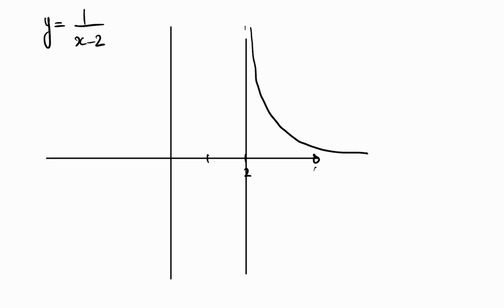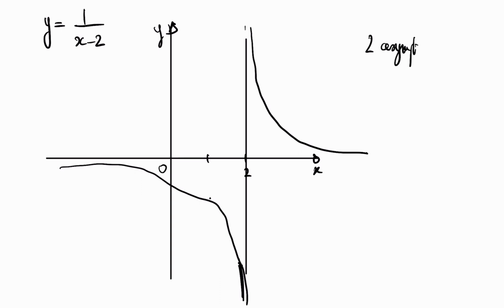So sorry, this is the x-axis, this is the y-axis, this is the origin, and then same for that side, it's going to look like that. Very bad, but you understand, and this is certainly not touching the line here. Okay. So in that case, two asymptotes again, which are y equals 0 and x equals 2.